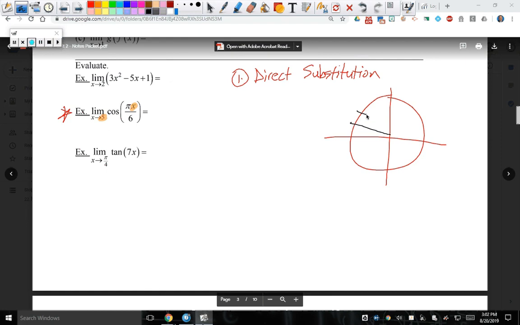At 5 pi over 6, which is right here, do y'all remember what the xy value is there? Awesome, guys. And the cosine is talking about which one of those? The x. Sine is y. What's tangent? Y over x. Perfect. So this is just going to be, and you're done.